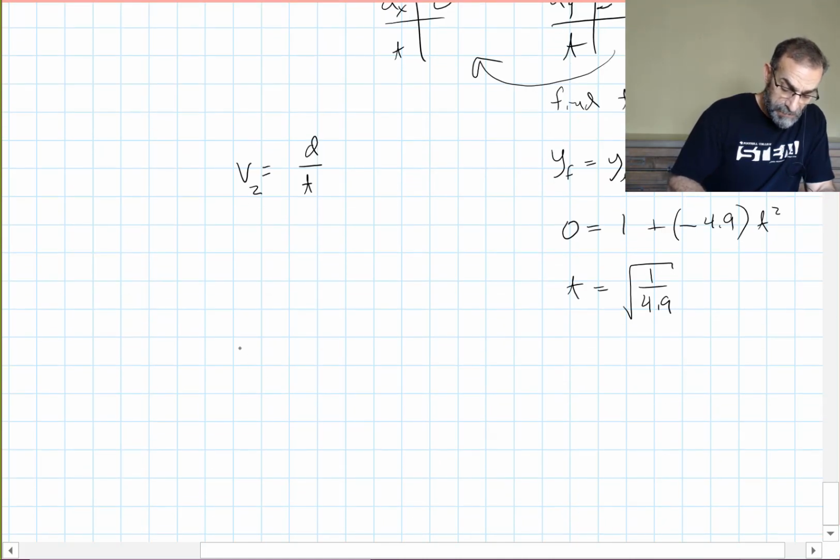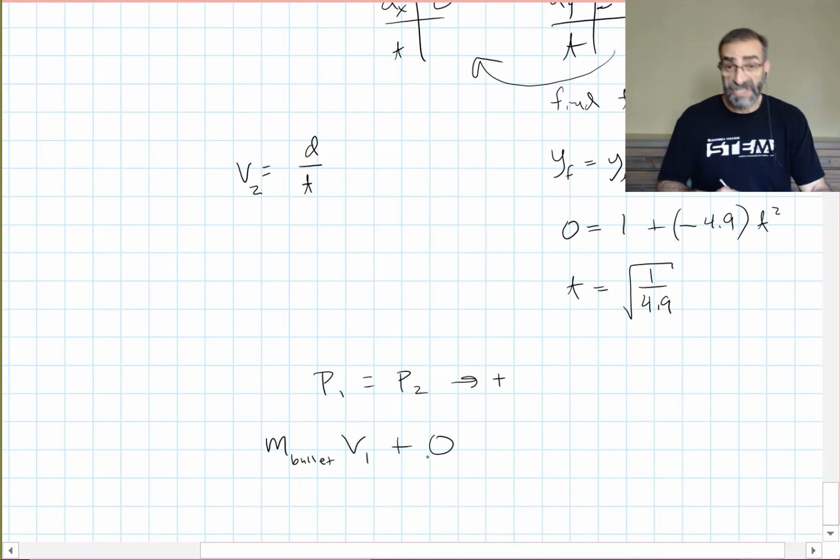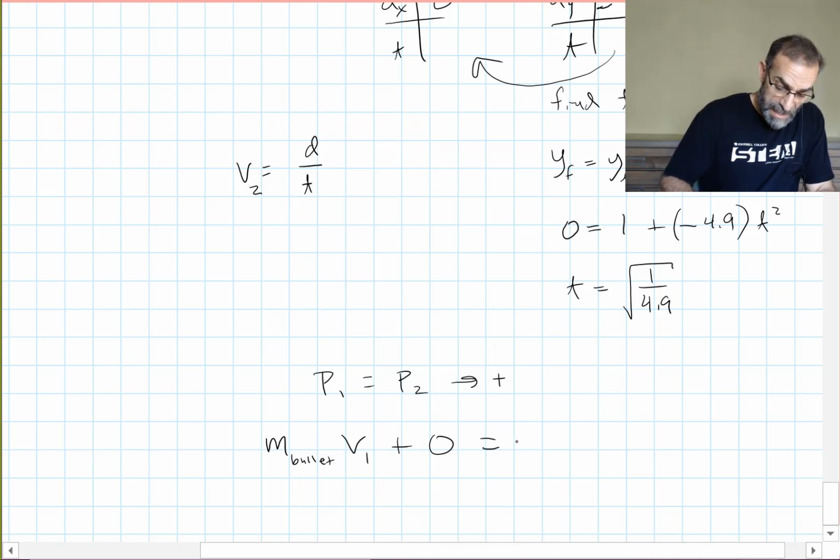And we use momentum. So the mass of the bullet times v1. The block is just sitting there. It doesn't have any momentum initially. At the end, they are stuck together.